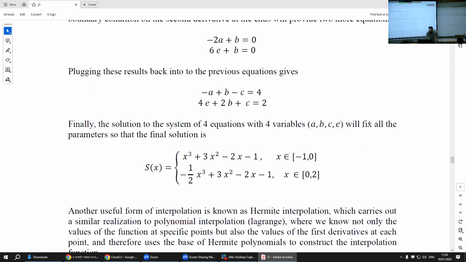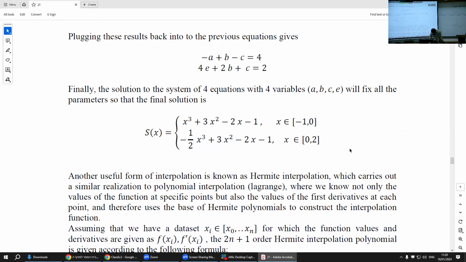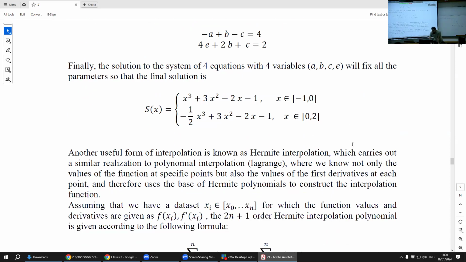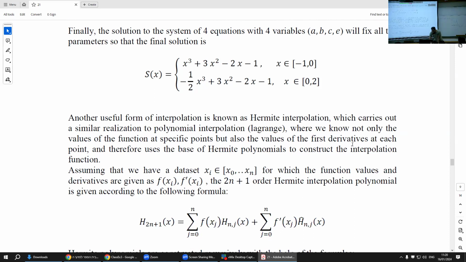And then we solve these equations. These are linear equations, not a problem. We solve them, and this is the answer. I think the second derivative at the endpoints should be not equal, equals 0.